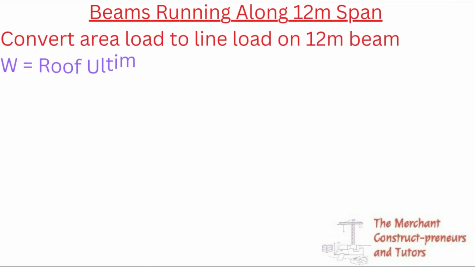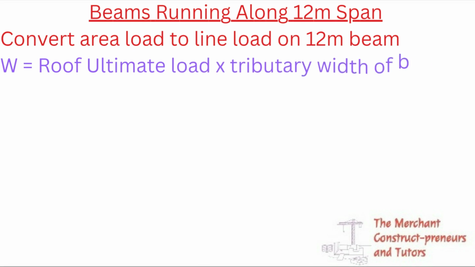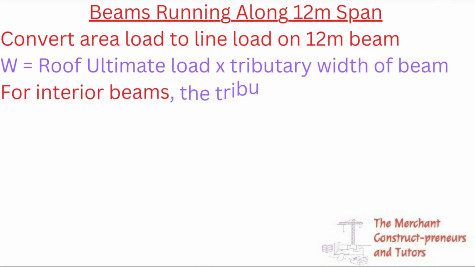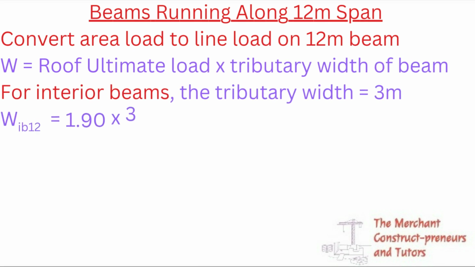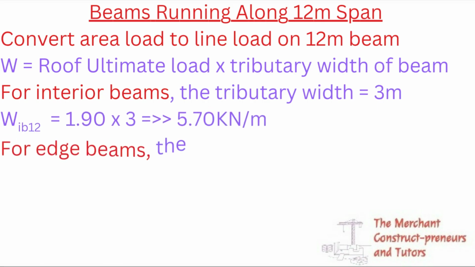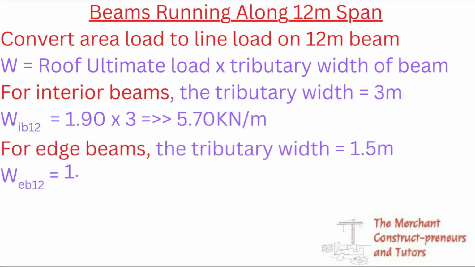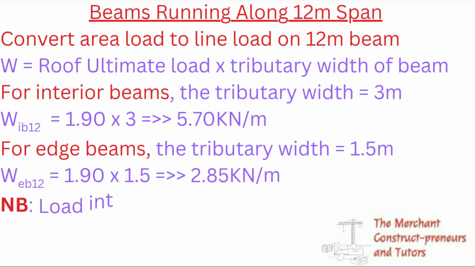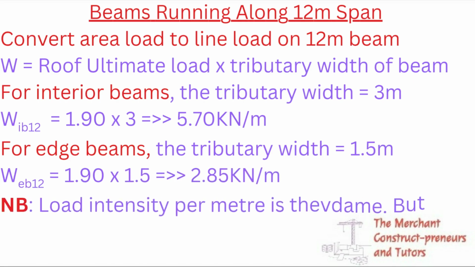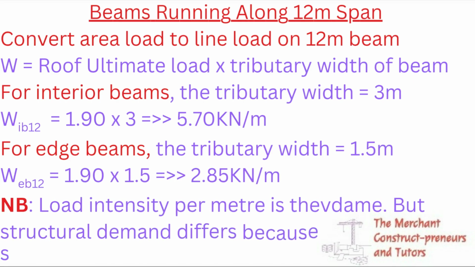I hope I explained this well, so that you'll be able to grasp what is involved, or how to transfer the loads from the roof to the beam. The beam takes line loads. So you'll convert the area load to line load on the 12 meter beam. Same thing for the interior beams. The tributary width is 3 meters because the spacing of the beams is 3 meters.